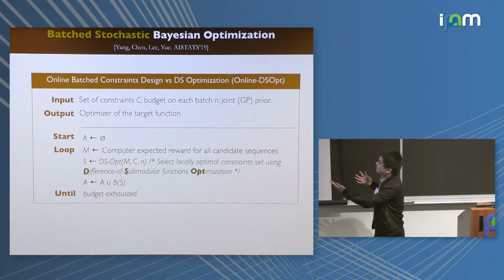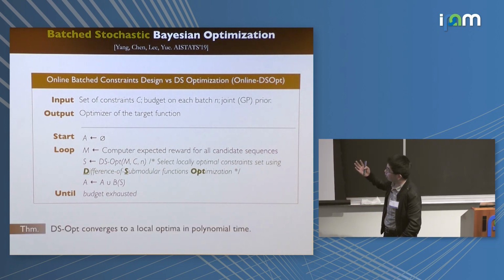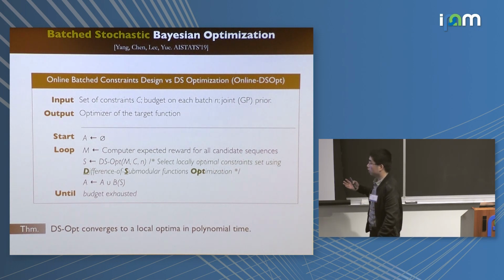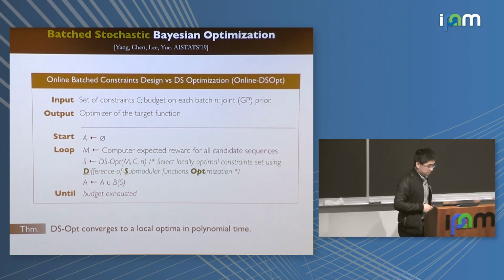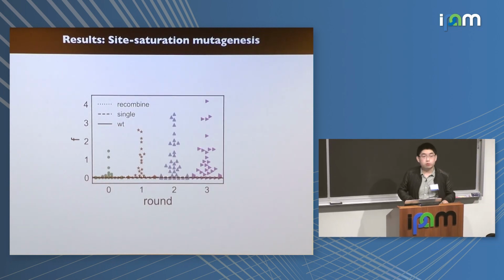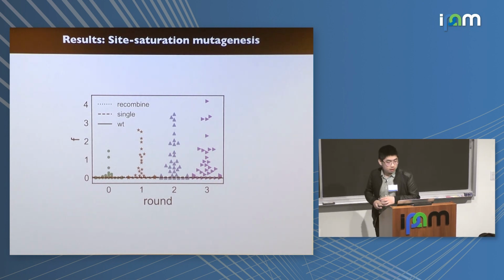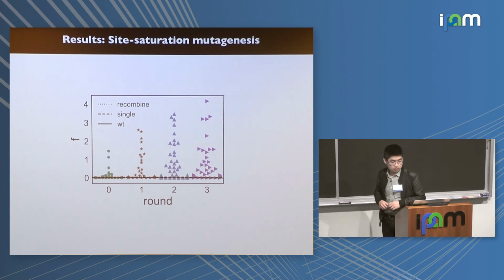I just want to say that we do have a principled guarantee for identifying the local minimum in polynomial time.